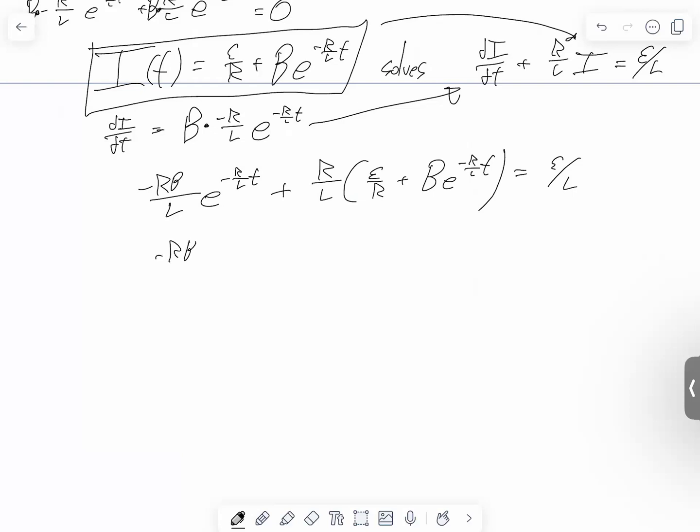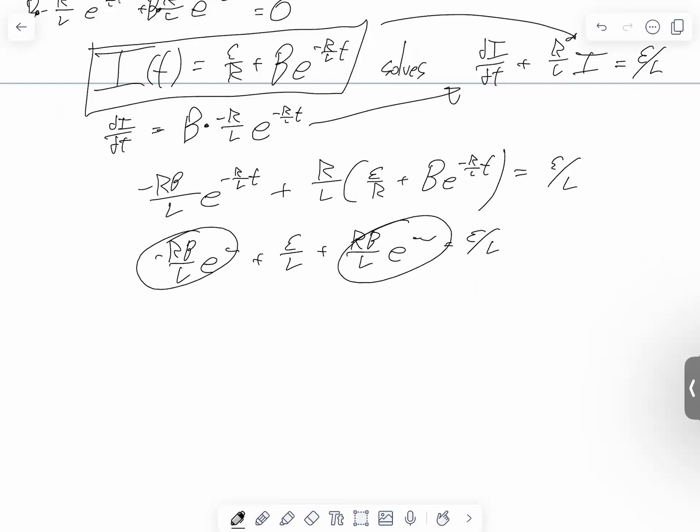I get negative RB on L e to the blah plus R E over L R, which is E over L, plus R over L times B, that's RB on L e to the blah. Look, negative RB on L e to the blah, positive RB on L e to the blah. E over L equals E over L. Bazinga! It works!